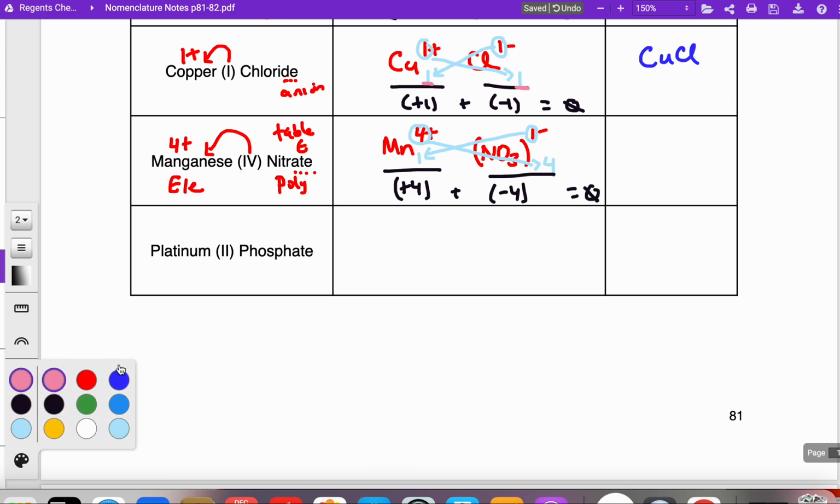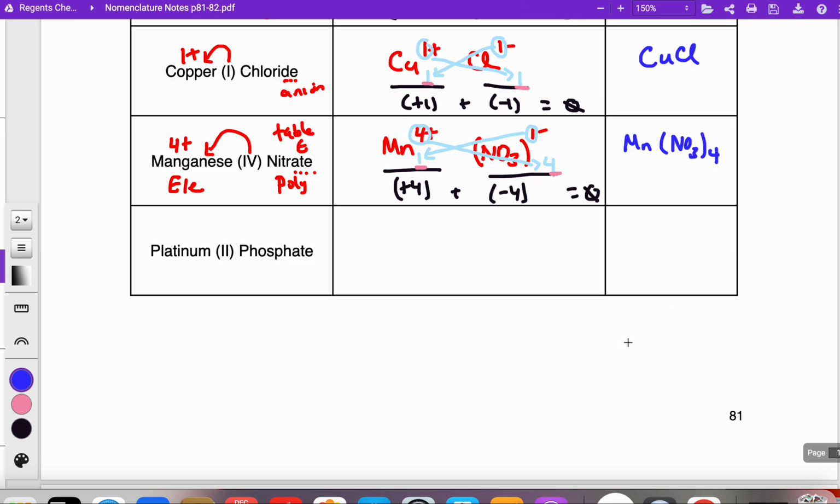The ratio is the crisscross numbers, so the 1 and then the 4 outside the parentheses. 1 to 4 is an empirical ratio. So I would write this as Mn, and I would keep my anion, the poly, in parentheses because its unit is NO3 and I need 4 of those NO3 units.